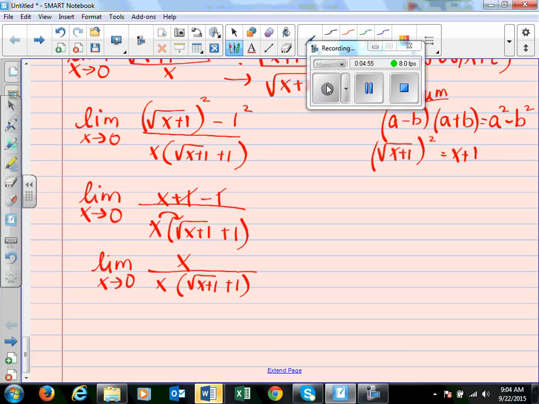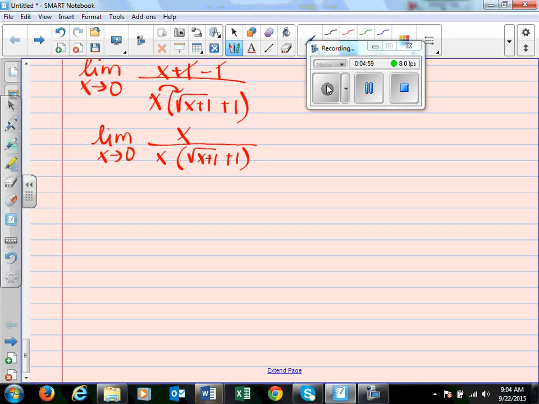Now it's all in the factored form. Keeping expressions in the factored form, as products, something times something, is always simpler when you're trying to cancel terms, as opposed to if you distribute it, then it's complicated.